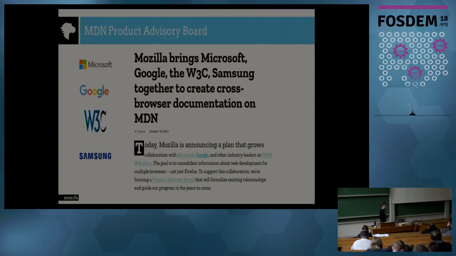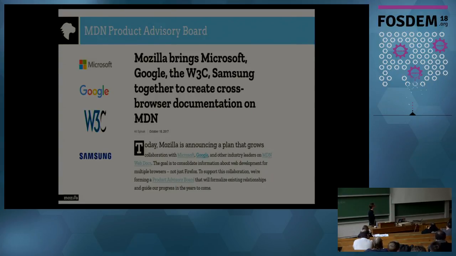The last one, for example: in October 2017, Mozilla reached out over the last year to a few other industry leaders, namely Microsoft, Google, the W3C, and Samsung. And they now form with us together the product advisory board for MDN.